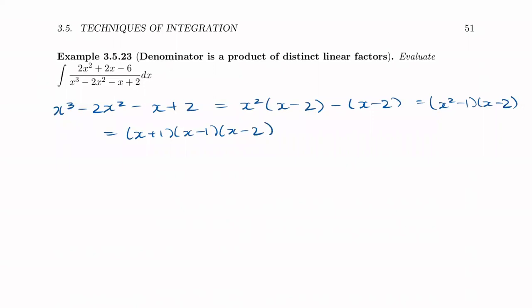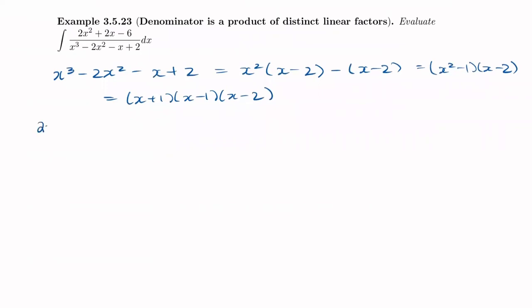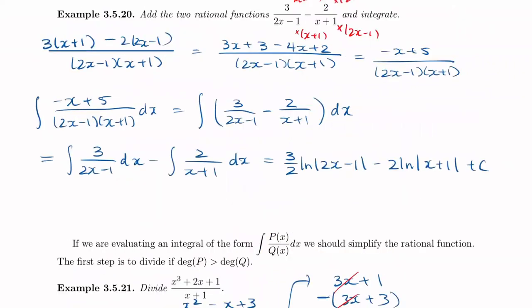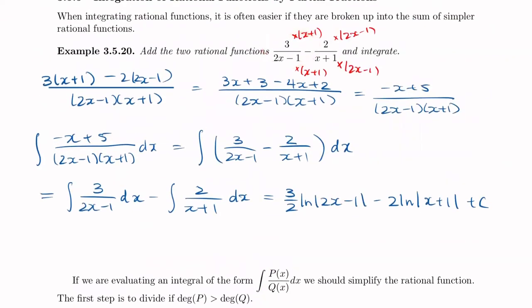So we have 3 distinct linear factors. All of these are different. So that means I could write the rational function as 2x squared plus 2x minus 6 divided by the distinct factors of x plus 1, x minus 1, and x minus 2. Now if we want to write this as individual rational functions, we have to know what these values are.